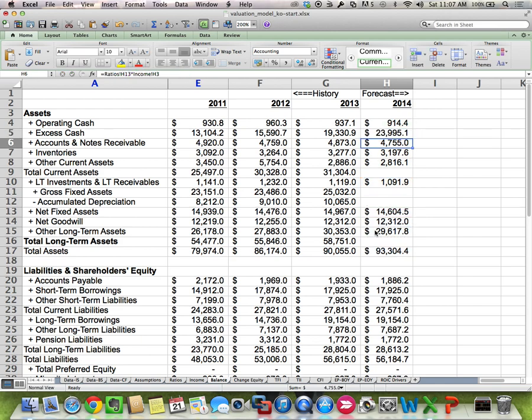Assuming we did that and we don't get a circular reference, we forecasted a correct balance sheet.